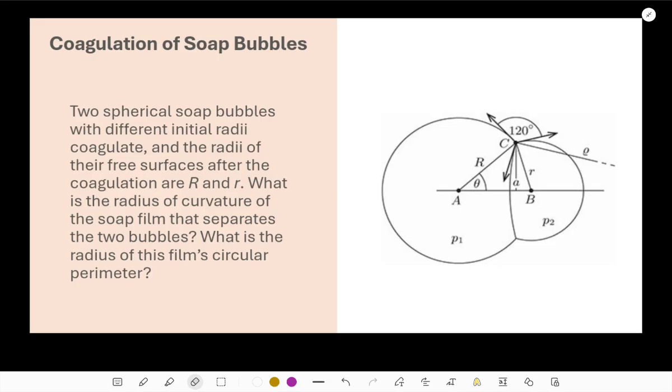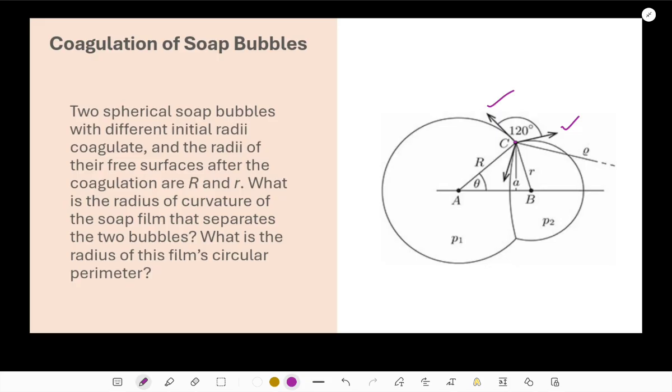You can look at the picture on the right, and you must be wondering why there is a 120 degree angle. In this picture, I have just considered a very small portion of three surfaces, three spherical soap films. Since they are the same soap films, their coefficient of surface tension will be the same, and the length is obviously the same.